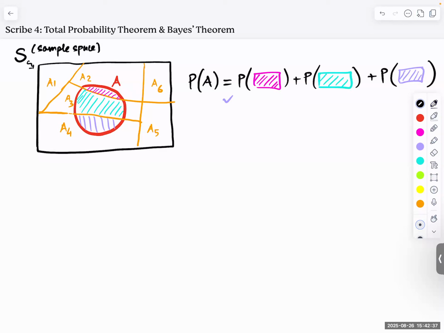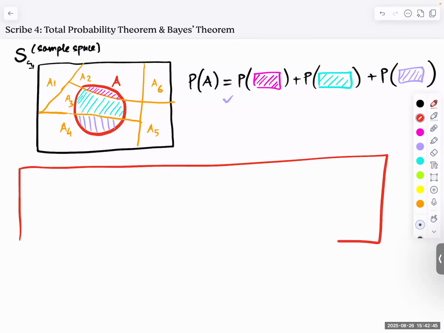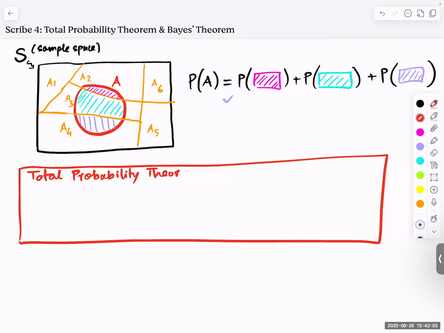So now I'm going to write it down. Here's the statement of total probability theorem. Let me write it in a box. It says the following: let A1, A2, up to A sub n be a partition of S, which is the sample space.